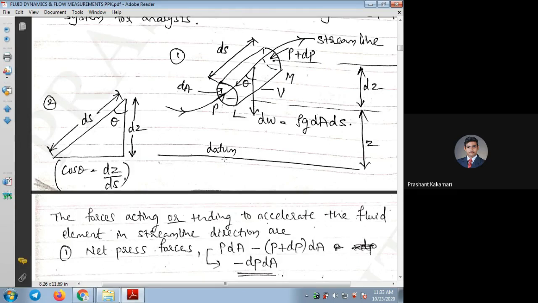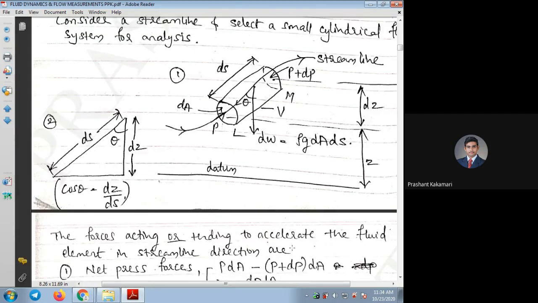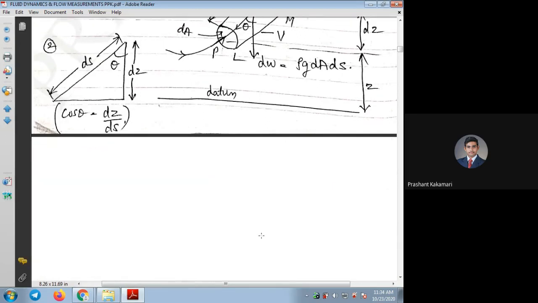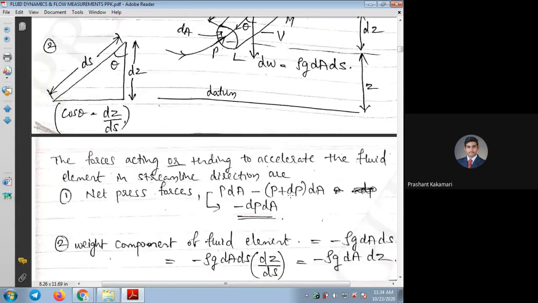So the force acting at the inlet side is P dA in the same direction, positive. The other force is acting in the opposite direction. So we have taken pressure P plus dP into dA, which is opposing. That's why it is minus. So effectively, I can cancel P dA on both sides, and minus dP into dA will be left as the pressure force acting in the given direction of flow.